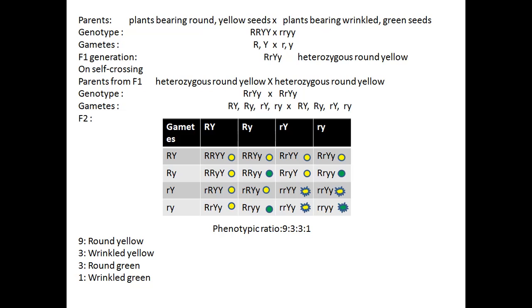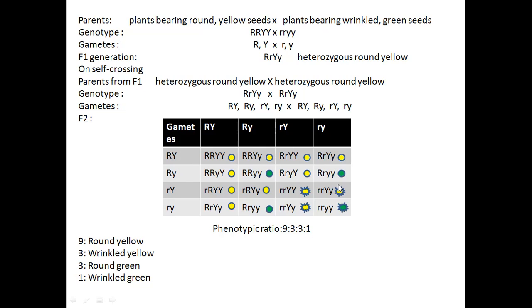Now Mendel conducted a self-cross between these plants. On self-crossing, each plant produced four different types of gametes, as we have discussed in the previous slide. Now, what are these four different types of gametes? You can see them here. In this checkerboard, we have taken the gametes from the first plant and the gametes from the second plant.